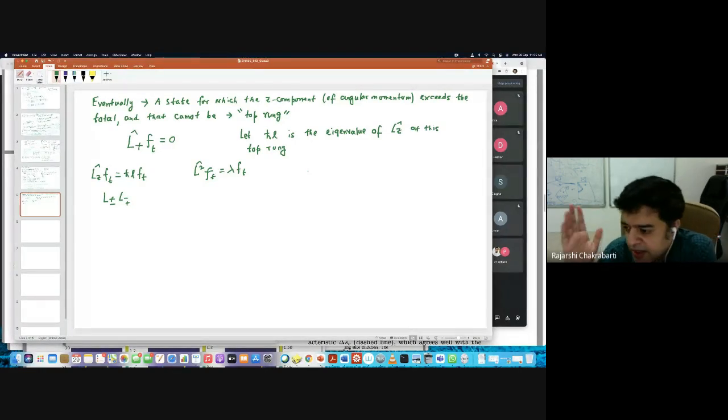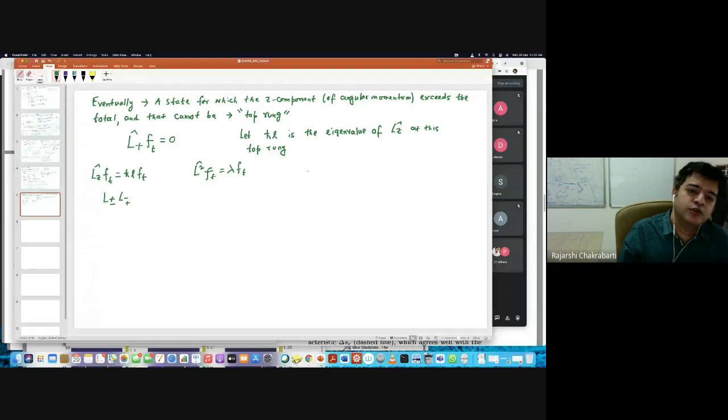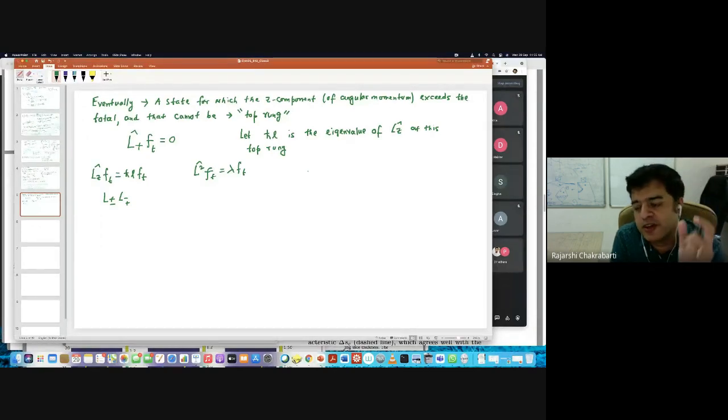You remember that for L equal to 1, there are 3 possible values: -1, 0, and 1. So you cannot exceed that. You cannot have an m value, say 2, for L equal to 1. So for a given value of the total angular momentum, there is a top state. If you operate the raising operator on the top state, you get 0. You get a null vector. There is nowhere to go. So this is very important.